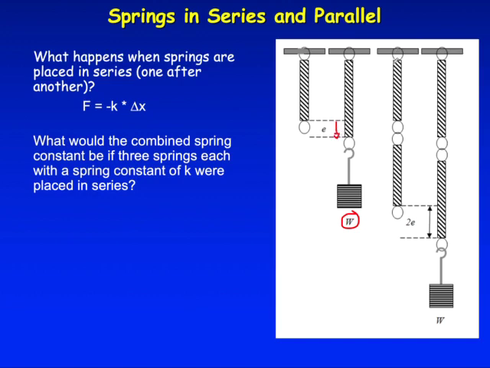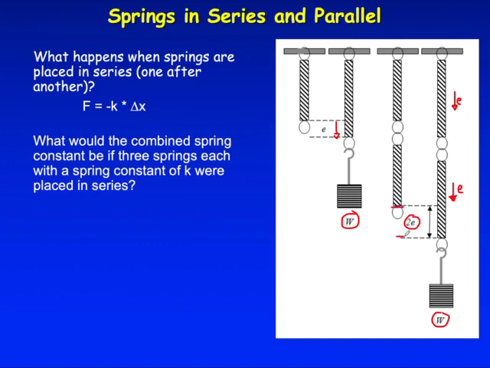What happens if I put two identical springs one after another? If I put the same weight on it, this spring up here is going to stretch a distance of e because it has the same force on it. And this spring down here is also going to stretch a distance of e because it also has that force acting on it. And so the total distance it stretches is 2e from where it was at equilibrium, from here down to here.